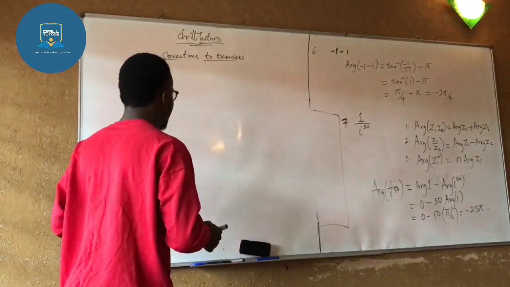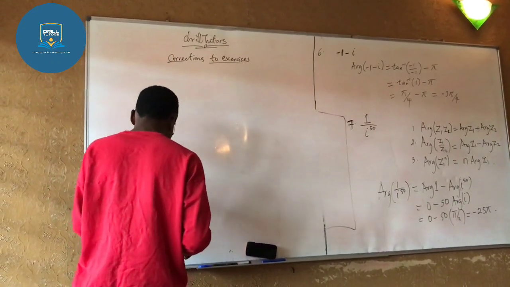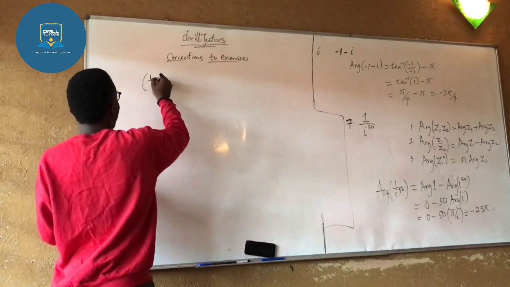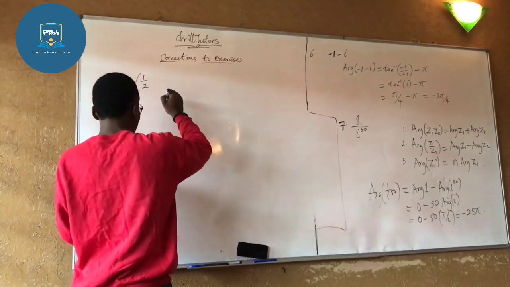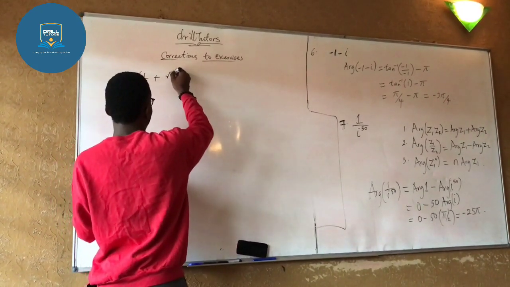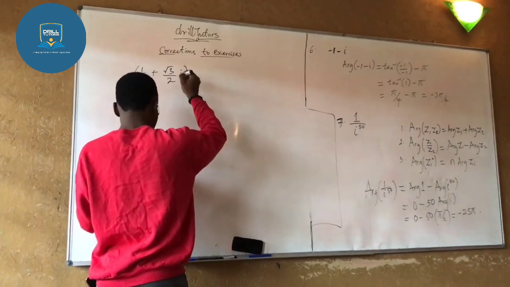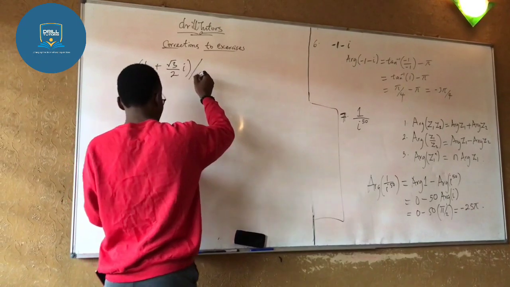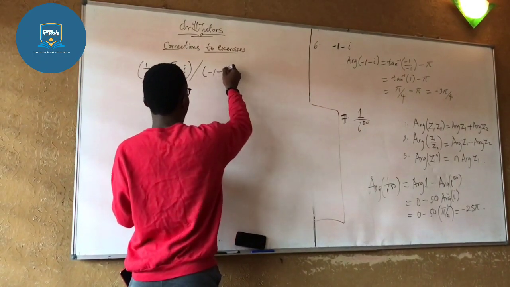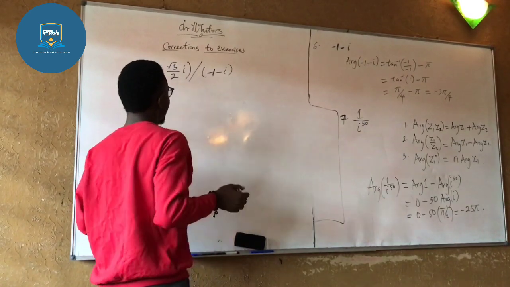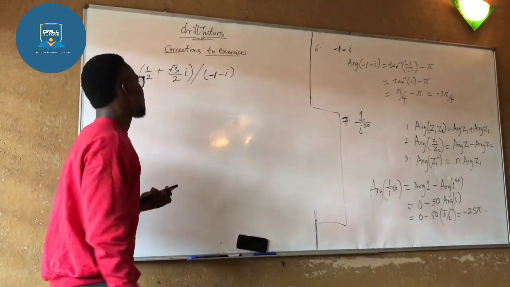Now to question 8. I want to calculate the argument of 1 over 2 plus root 3 over 2 i, over minus 1 minus i. Like this. I'll find the argument of this.